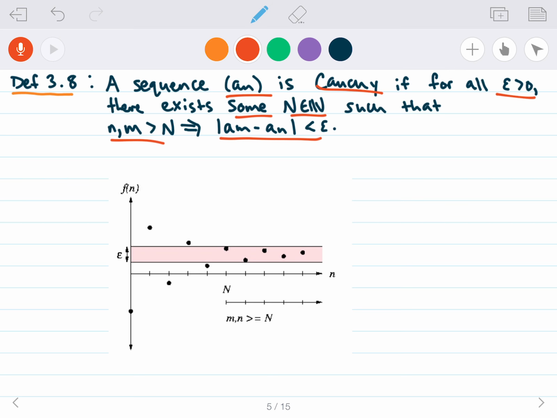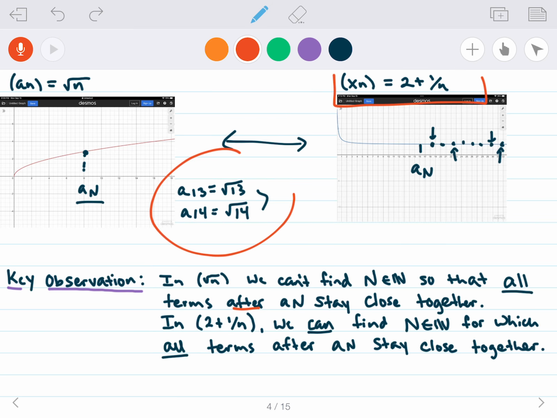Okay, so notice how this is different from the consecutive case. What Cauchy is saying is, you give me a capital N. That is the point in the sequence after which all members of the sequence are going to be close to each other.